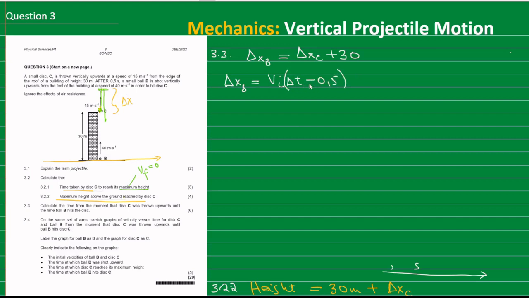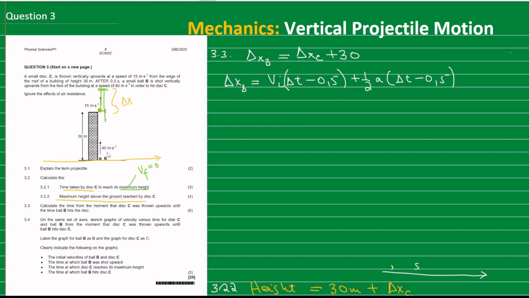I will explain that: I'm assuming here that delta t is the time taken by disk C. If disk C took some time delta t, ball B was thrown 0.5 seconds afterwards.